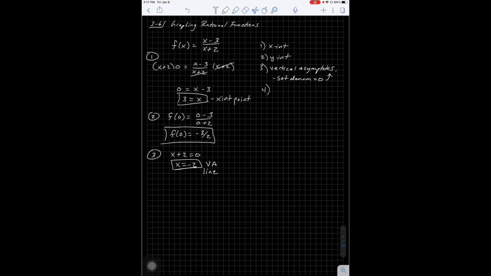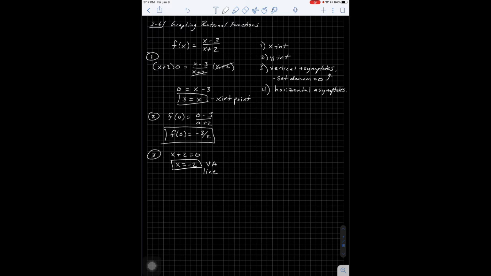The fourth plan is to find the horizontal asymptotes. This is a little bit more complicated, and I want to take some time to talk about what's happening here.